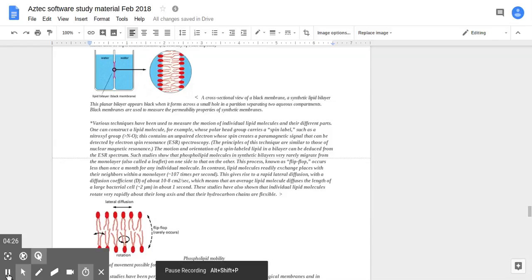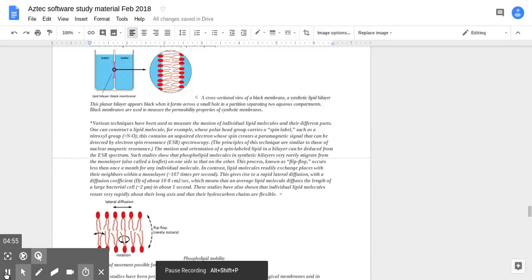This way, the motion of individual lipid molecules can be studied and detected by the labeling of the polar head group of the lipid molecule containing this kind of spin label. So this is called nuclear magnetic resonance when you label a molecule.